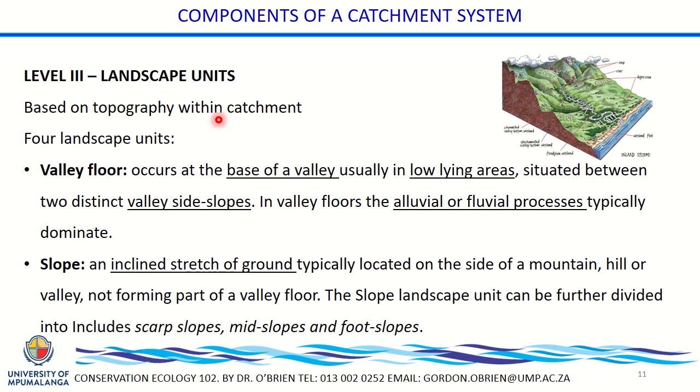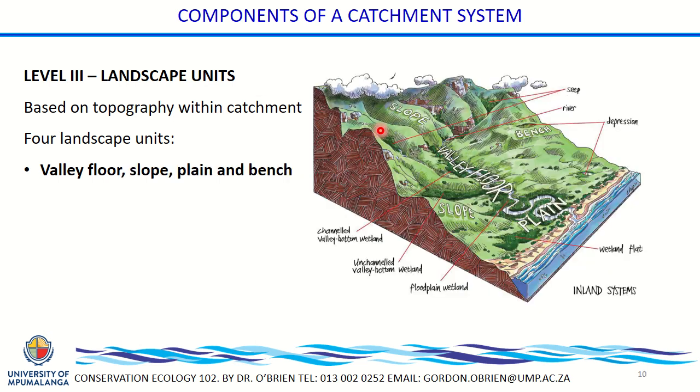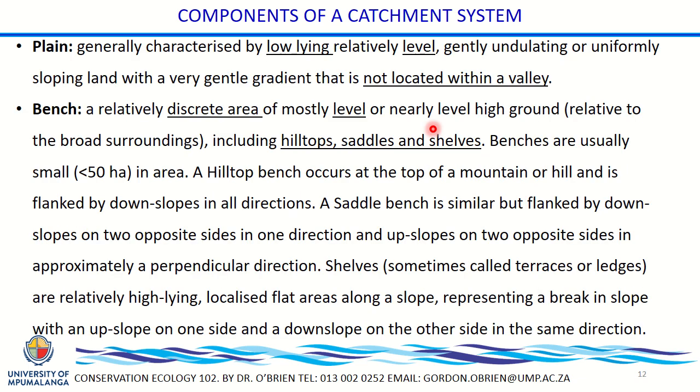Slope is an inclined stretch of ground. Okay, so if you look at this picture over here, it's quite small. Let me go back one and look there. Here is the slope. Can you see that over there? Here is the slope. It's the mountain and the slope down the side of the mountain. You can see what usually occurs in valley floors. You usually get rivers in valley floors. But what about slopes?